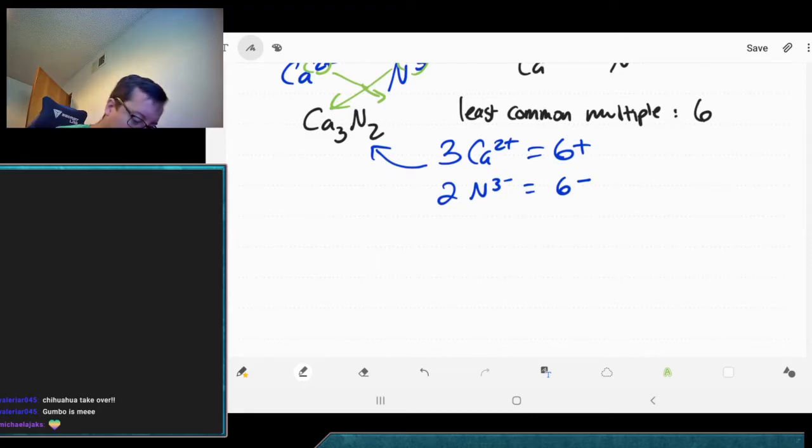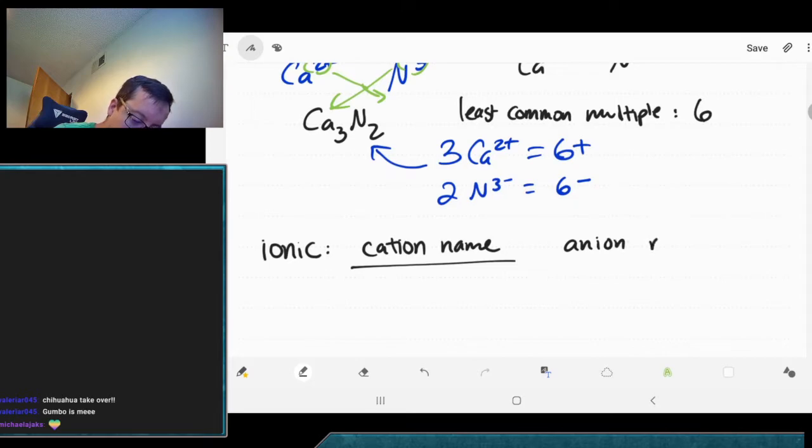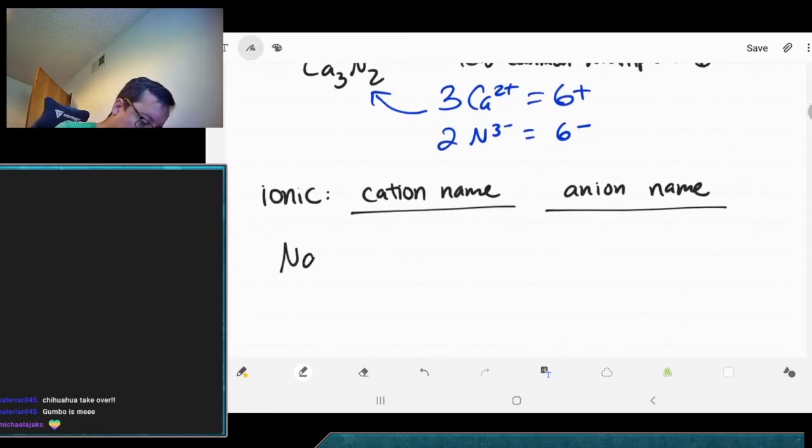All right, I'm going to write our formula down again. For ionic compounds, it's the cation name followed by the anion name. I'm going to show you a couple of other compounds, and I'm going to give you their names, and we're going to talk about them.